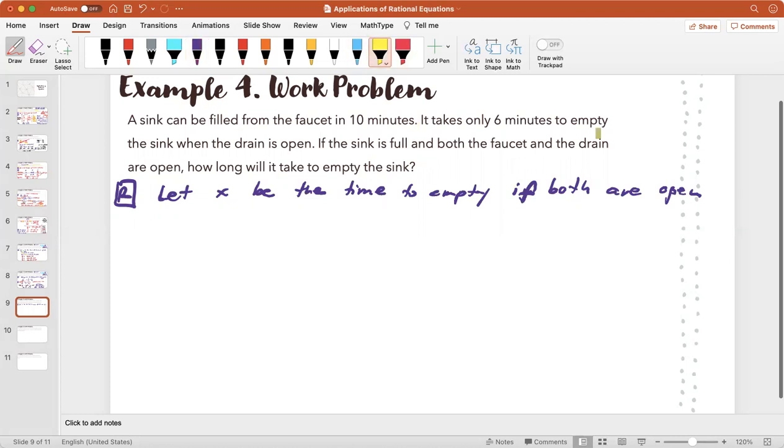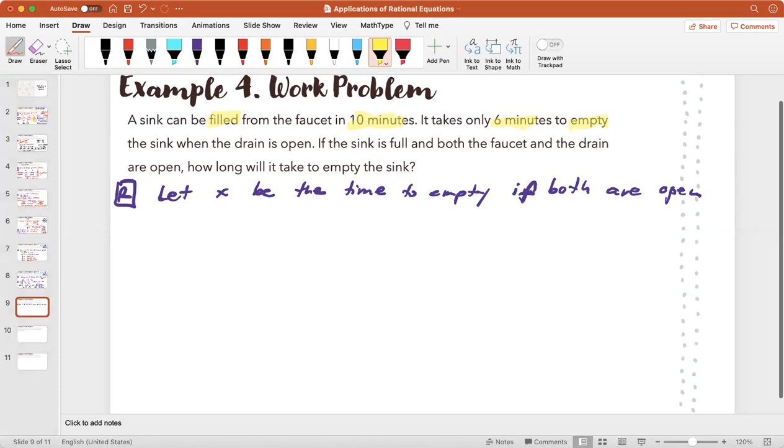It takes 10 minutes to fill, right? It only takes 6 minutes to empty. So which one is faster, emptying or filling? Emptying is faster than the filling of the sink.